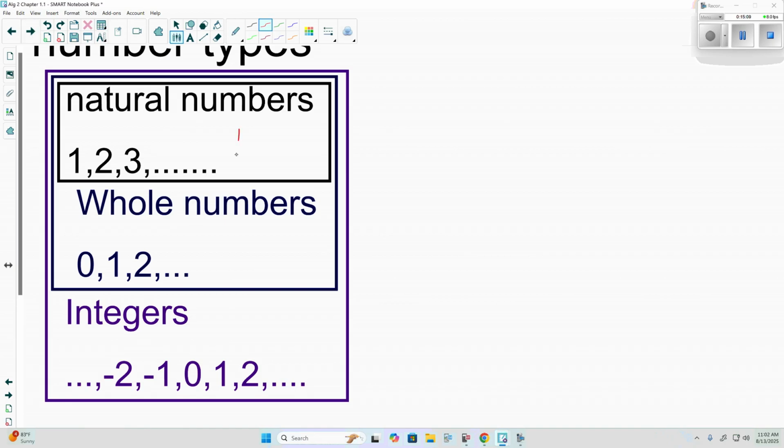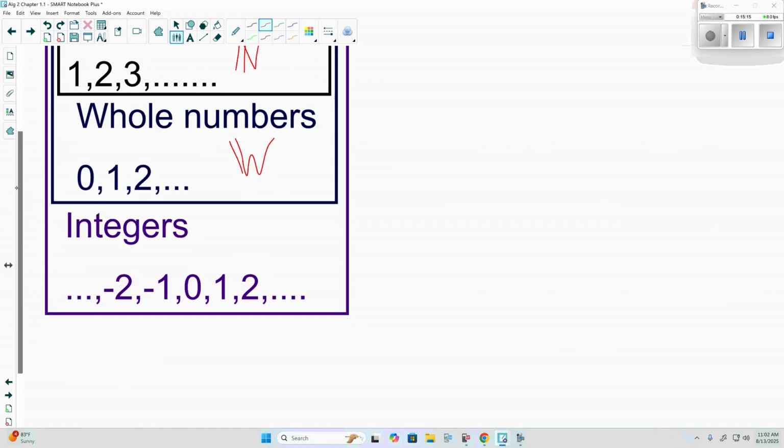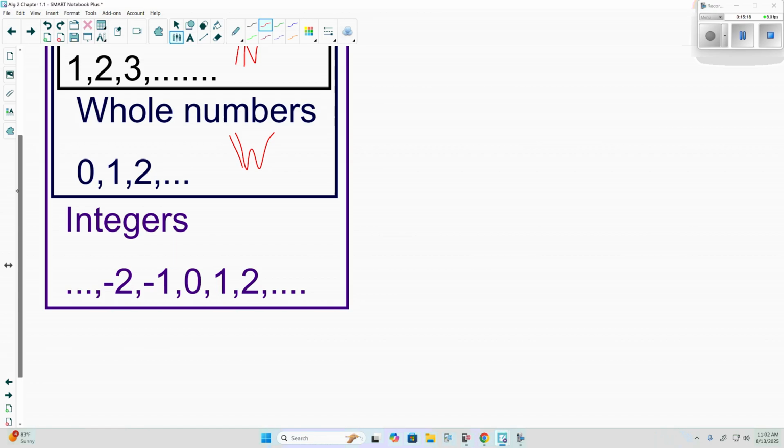And our symbols: natural numbers was an N. We can say whole numbers is a W, which makes the integers, obviously, a Z. It's not that obvious, and there's a reason for it.